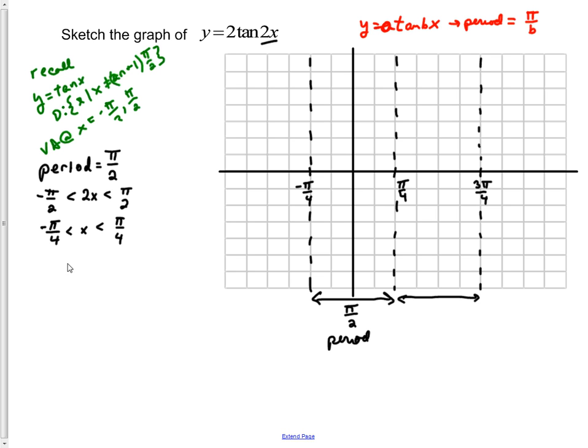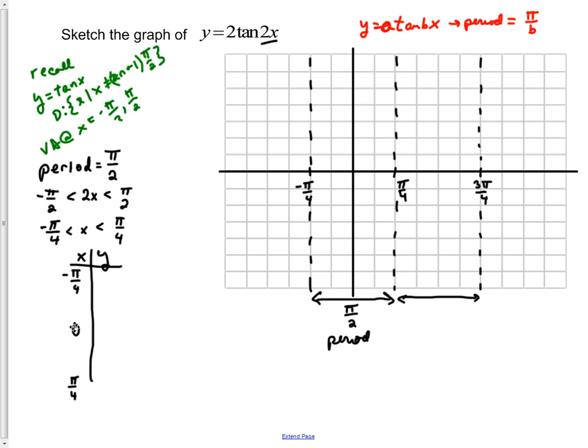So what do we do? In one interval, key points are always 1/4 of the period apart. And since our vertical asymptotes start at negative pi over 4 and end at positive pi over 4, we take 1/4 of our period apart, so we start adding increments of pi over 8. Actually, maybe an easier way to do that would be to ask what's halfway between these two.